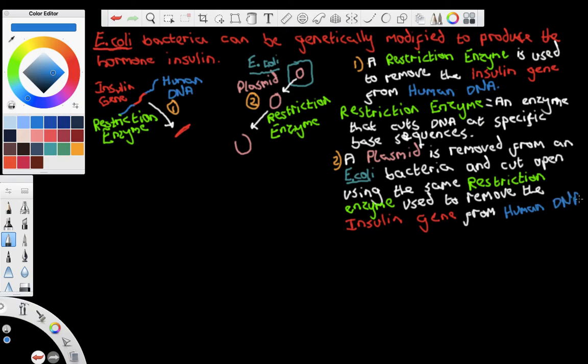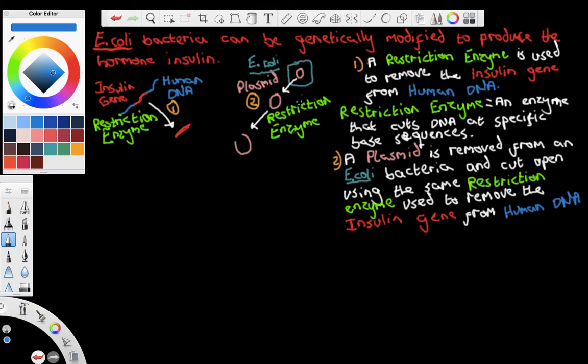So we've said that a plasmid is removed from an E. coli bacteria. It is then cut open using the same restriction enzyme we used here so that it is now open. Again, if you don't know what a plasmid is, you need to look back at your notes on cell structure, but a plasmid is found inside bacteria and it is a single loop of DNA or genetic material.